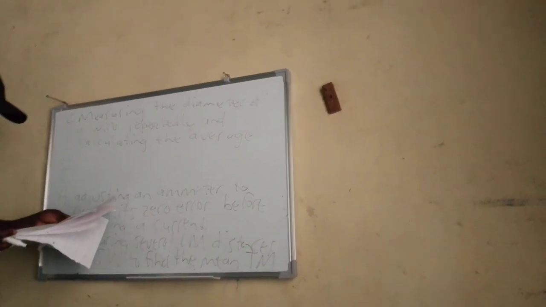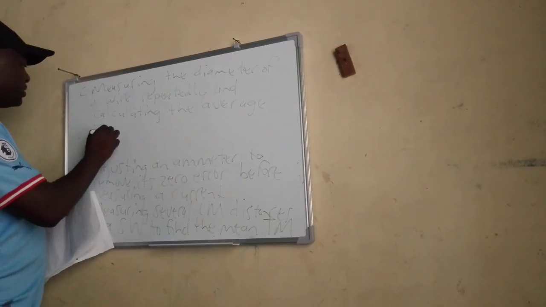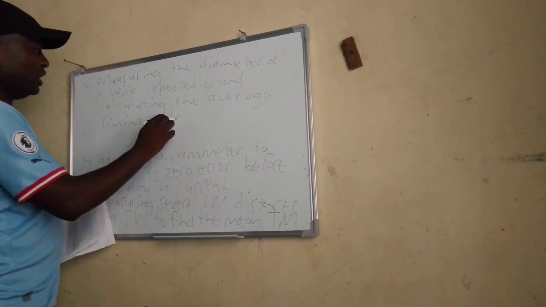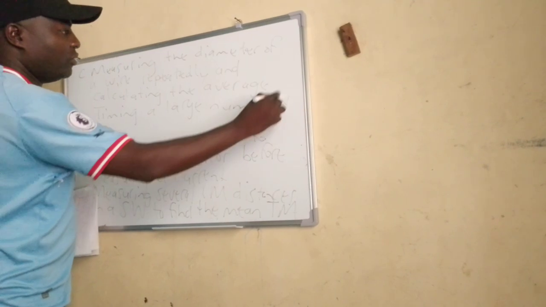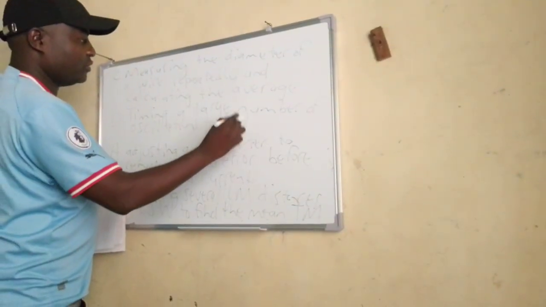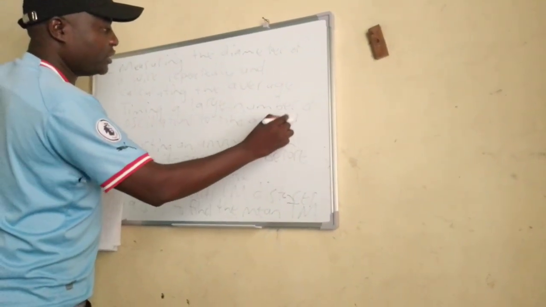D, timing a large number of oscillations to find the period.